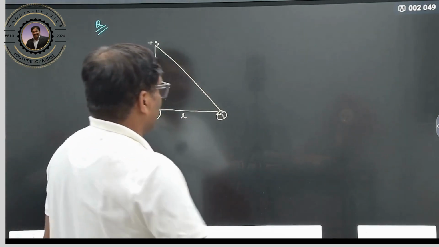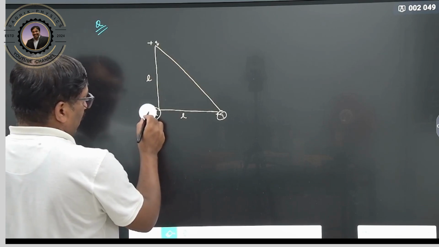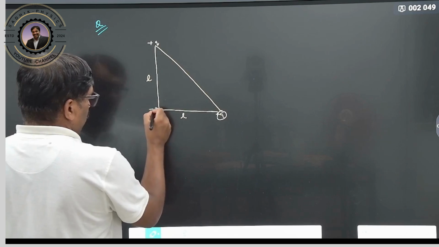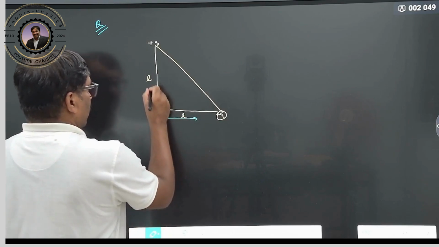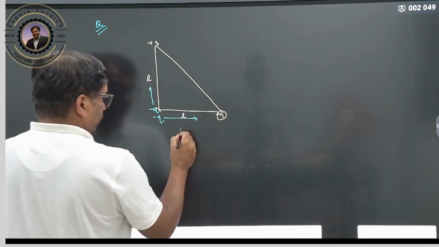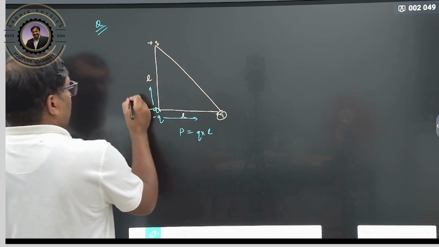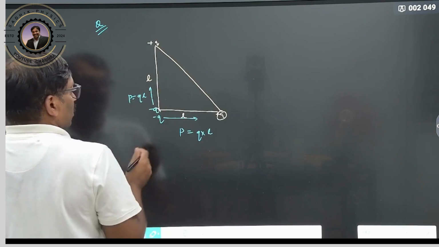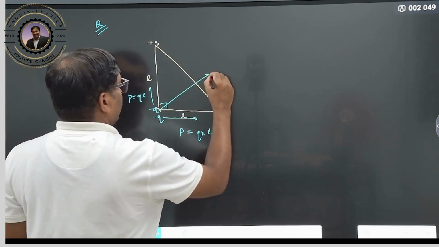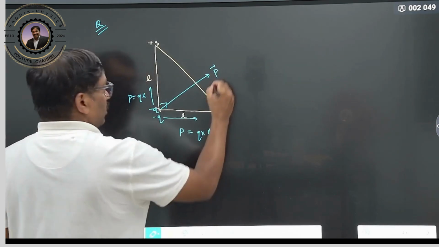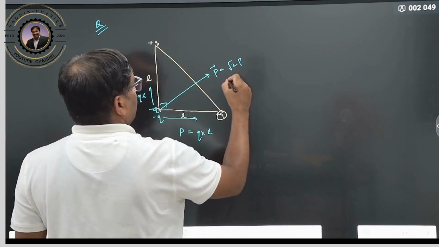Are there dipoles here? Yes. The minus 2q can be rewritten as minus q and minus q. This minus q and plus q form one dipole, and the other minus q and plus q form one more dipole. What is the dipole moment of each? q into L. They act perpendicular to each other, so we take the resultant. Both are the same and perpendicular, so the resultant is root 2 times the dipole moment of one.